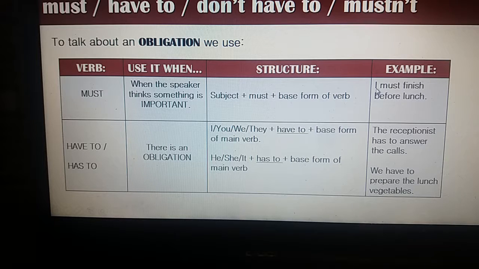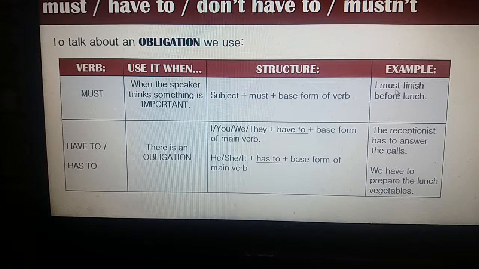Okay, I have here an example. I must finish. Remember, base form of the verb. If I want to express this action, must finish, with another subject, for example, Alexis, the sentence would say Alexis must finish before lunch. So here I don't have to add an S or an ing verb or something else.